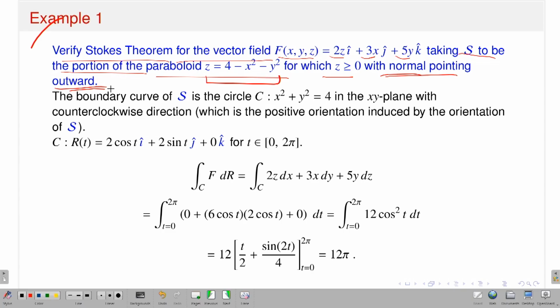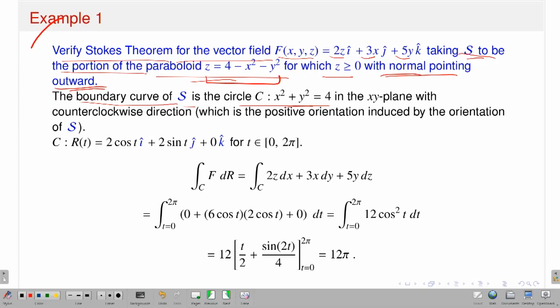Since my surface is the portion of the paraboloid z equals 4 minus x square minus y square, where z is positive, the first observation is that the boundary curve of this S is a circle, because if I put z equal to 0, it is x square plus y square equal to 4. That means the projection of the surface in the xy plane gives the circle x square plus y square equal to 4. In what direction?